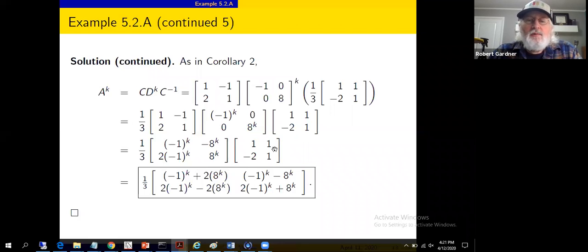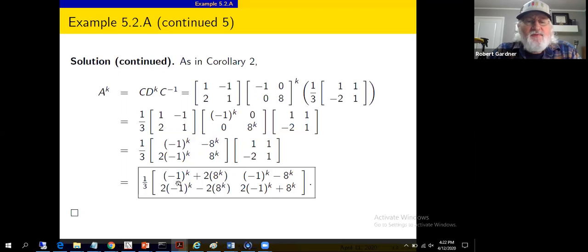Do some more matrix multiplication, row times column, and we'll produce this matrix here, and there's A to the k power. You give me a value of k, all I have to do is plug it into these things here and determine the entries of A to the k power. Can you simplify this? I don't think so.